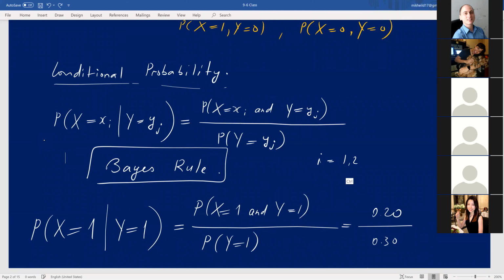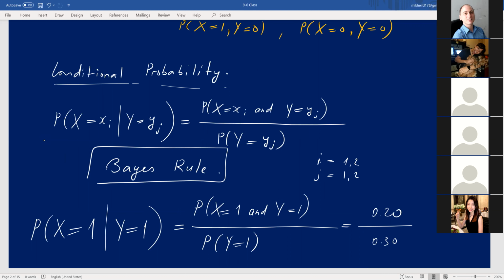I'll go back to this, and this will be clear in the future. But we typically use i and j, not a and b per se. Usually i and j, those are standard.